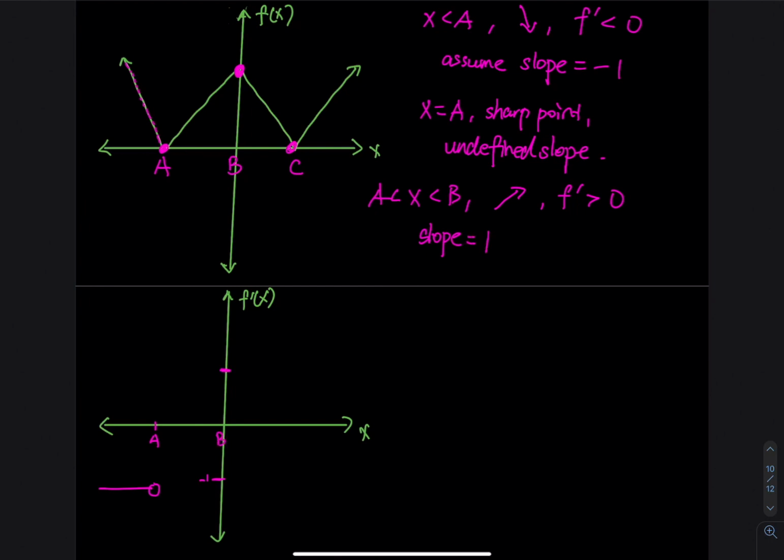So between A and B, we have this. Again, look at the graph of f prime. When x is equal to A, we do not have a solid circle because the function is not differentiable. Also, at x equals B, the function is not differentiable, because there is a sharp point.